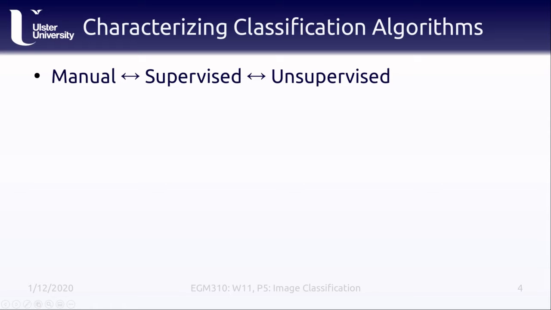Or we can do a supervised classification as we did in the second practical. We identify some of the features in an image, and the computer uses that information to determine which of the identified classes each pixel belongs to. In an unsupervised classification, on the other hand, the computer automatically decides how to separate groups of pixels with no input from the user.